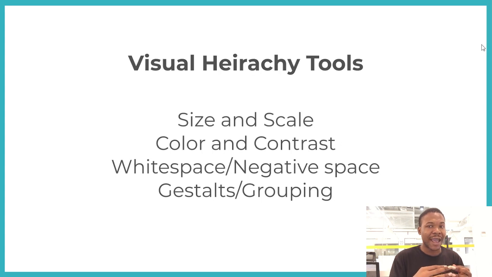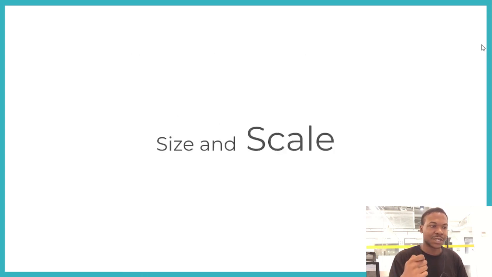For visual hierarchy, these are some of the tools I believe you would most likely use all the time to achieve visual hierarchy and to tell the story that you want to tell. They are size and scale, color and contrast, white space or negative space, and Gestalt principles, also known as groupings. So let's start with size and scale, right?